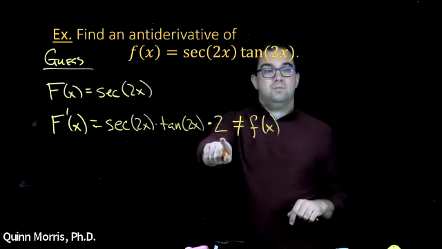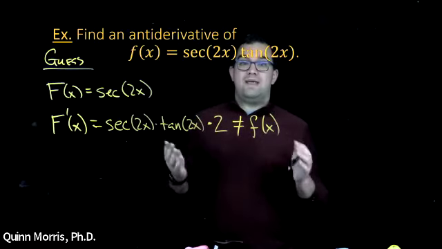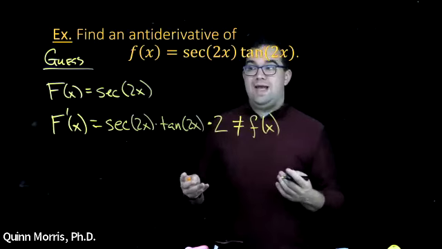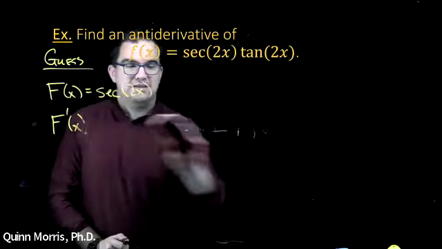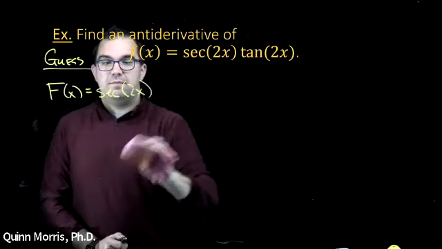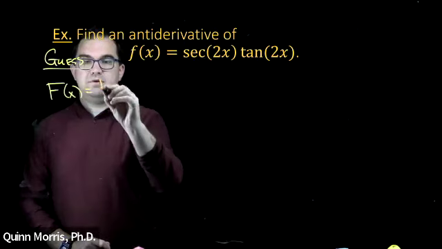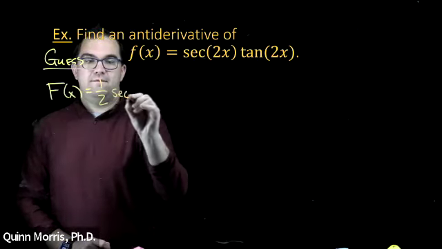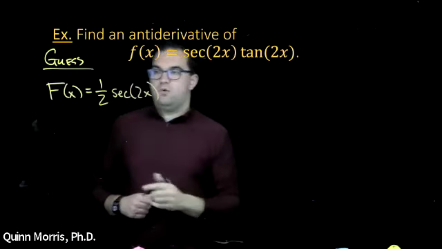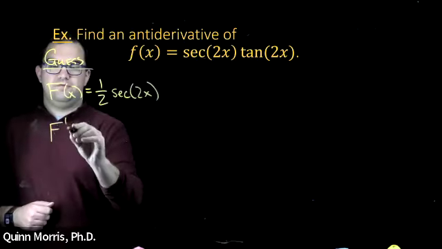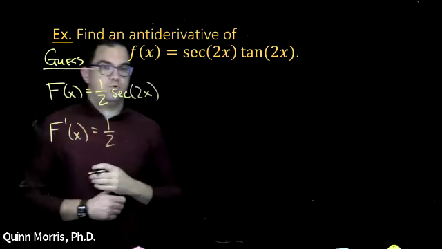This 2 is the problem. I'd like to get rid of it, and I have a big product here. So what if I multiplied everything by 1/2? So what I'm going to do is go back to my original guess for the antiderivative, and I'm going to multiply that guess by 1/2. So instead, I'm going to try 1/2 times secant of 2x. So now with that guess, if I go to take the derivative, well, that 1/2 is a constant multiplied out front.